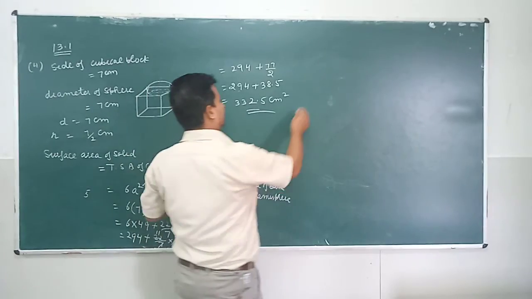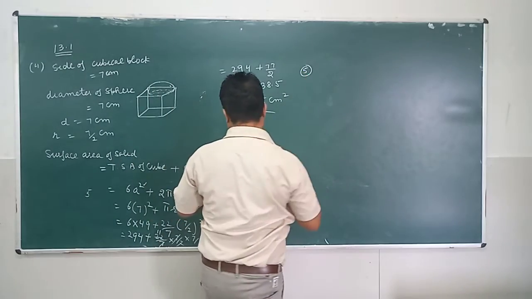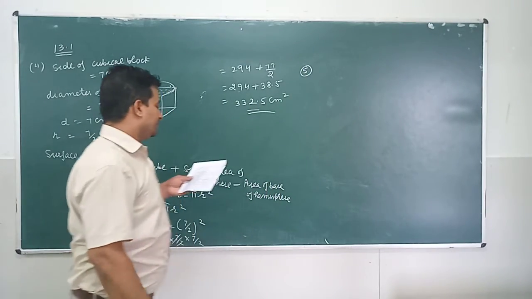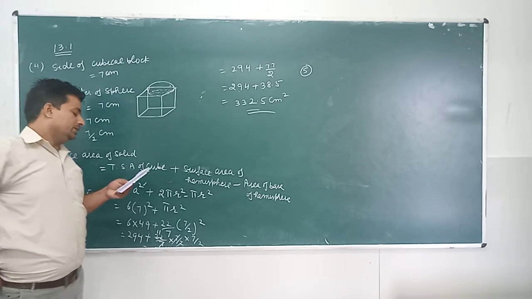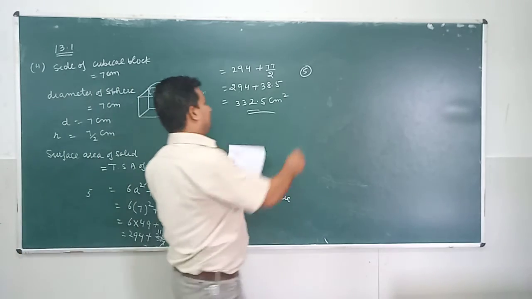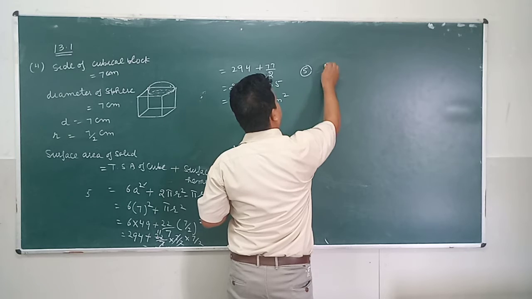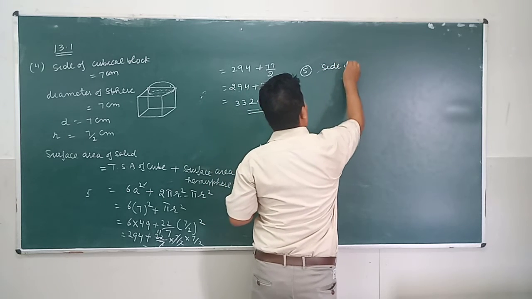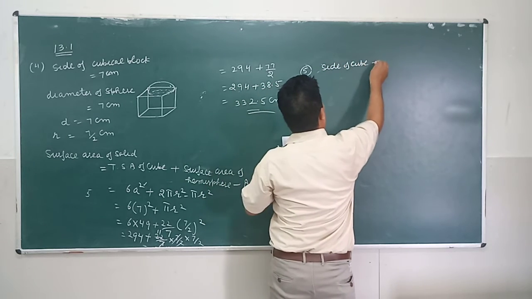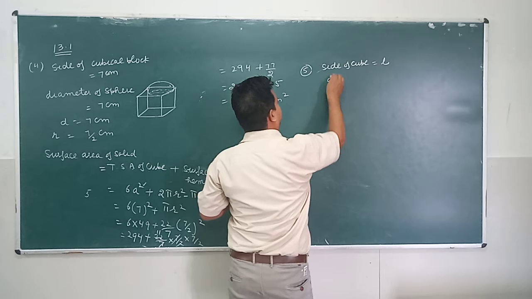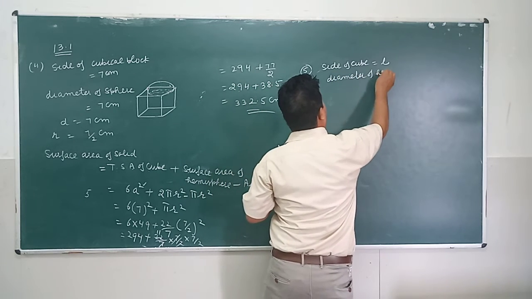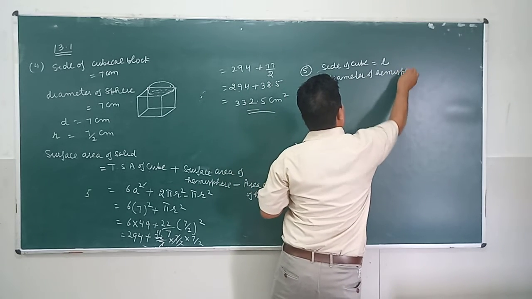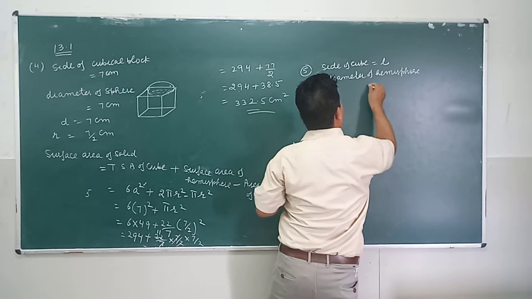In question number 5, the statement is: a hemispherical depression is cut out of one face of a cubical wooden block such that the diameter l of the hemisphere is equal to the edge of the cube. In this question, the side of the cube is l and the diameter of the hemisphere is l.